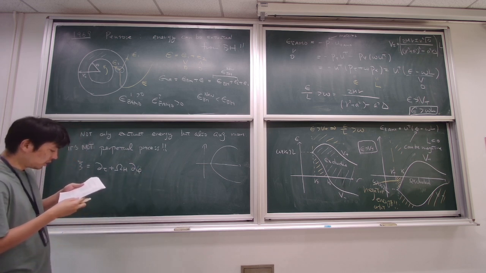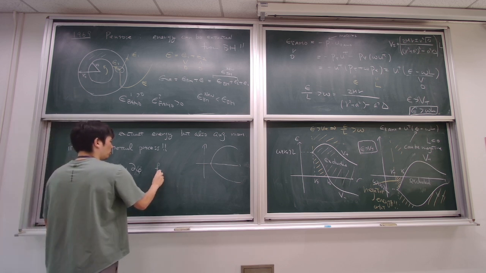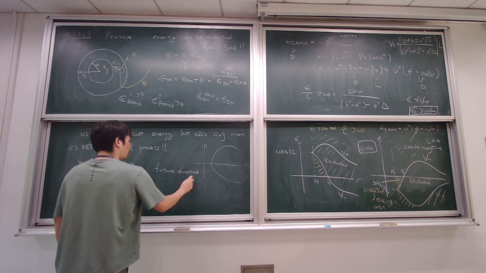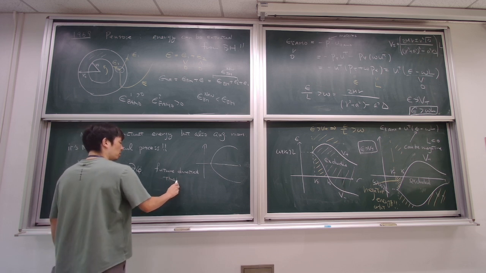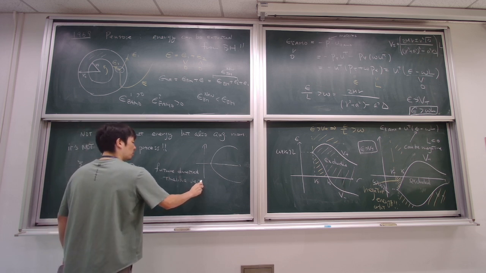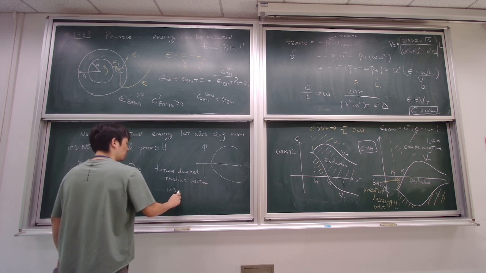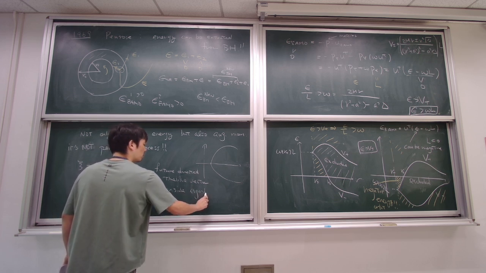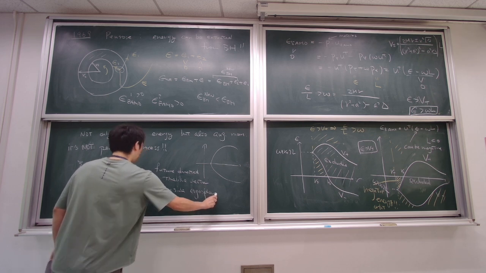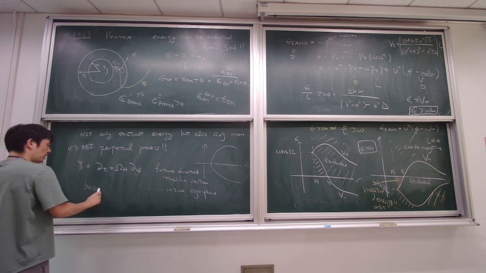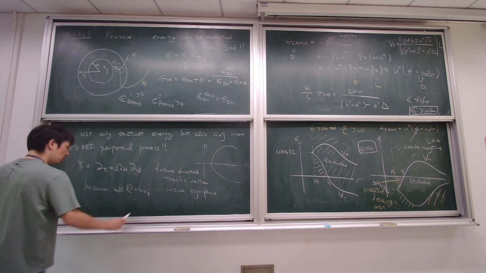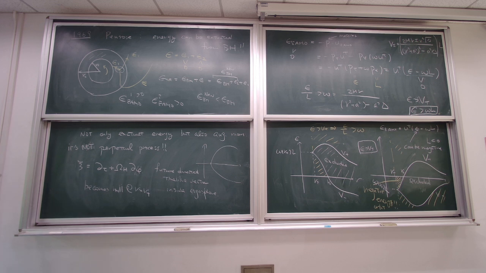If you consider this, it is a future-directed time-like vector inside the ergosphere. But it becomes null, as I mentioned, at the outer horizon.